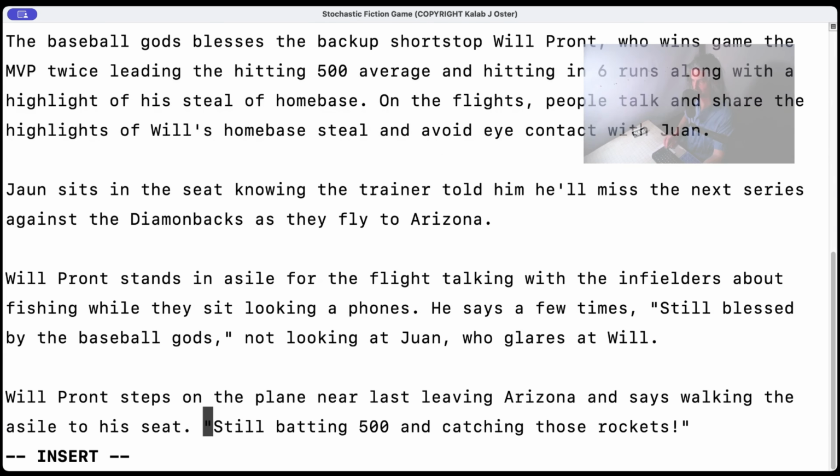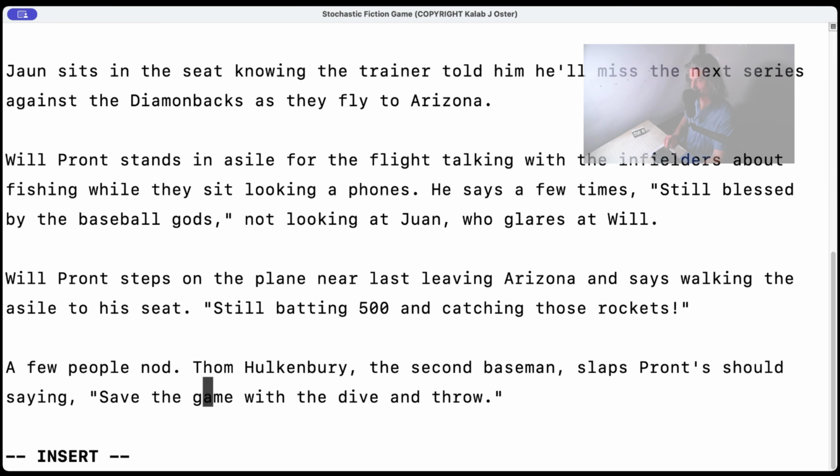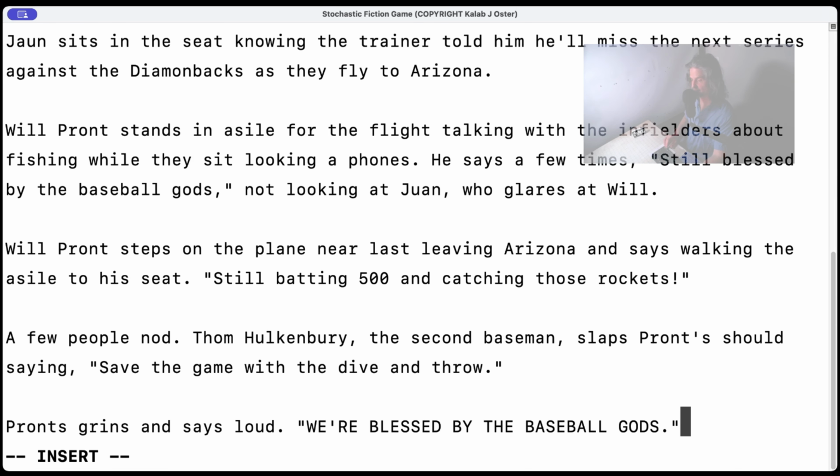He says a few times, "Still blessed by the baseball gods," not looking at Juan, who glares at Will. Will Prompt steps on the plane near last as they leave Arizona and says, walking the aisle to his seat, "Still batting .500 and catching those rockets." A few people nod. Thom Hunkleberry, the second baseman, slaps Prompt's shoulder, saying, "Save the game with the drive and throw."